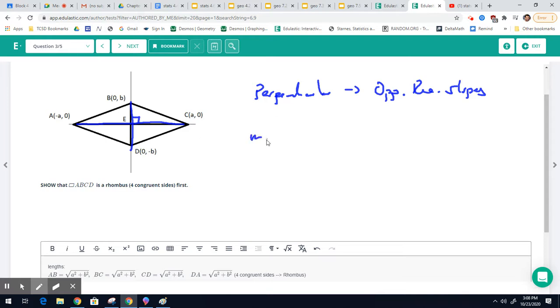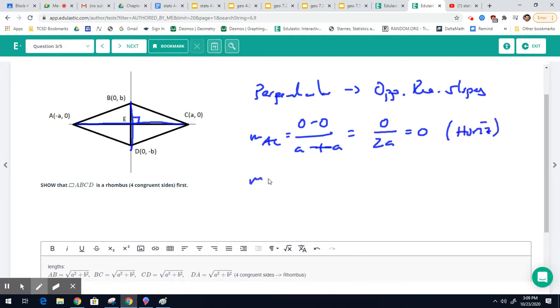Let's find the slope of AC using the slope formula. Y's: 0 minus 0. And X's: A minus negative A. Well, 0 minus 0 is 0. A minus negative A is A plus A, and that's 2A. But the top is 0, so that slope is 0. You should have maybe known that because AC is horizontal.